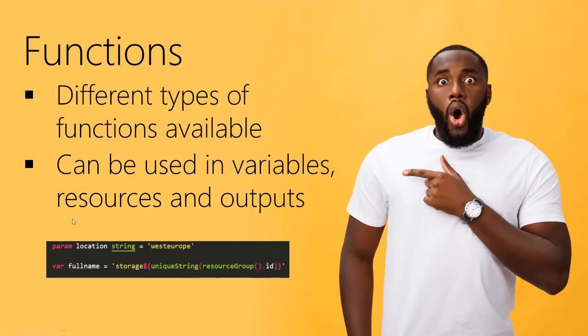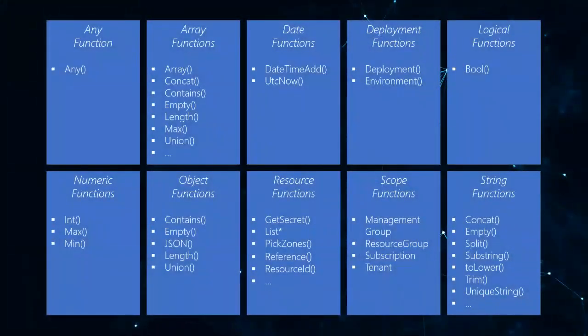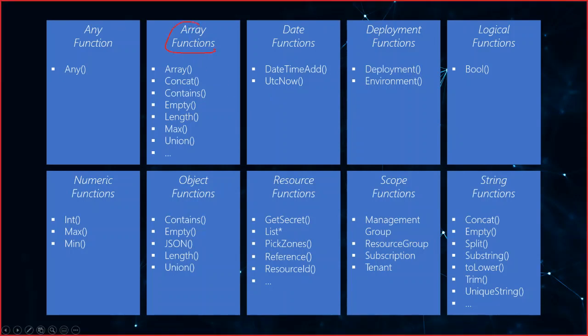and you need to understand a little bit what functions are available. And there's actually lots of functions available, lots of functions of different types. So I just quickly summed those up. I will not go into all the different functions. They are very well documented, but let me maybe pick some of these. So for instance, if we talk about managing arrays, if you have, for instance, an array parameter, you can then check, well, is the array empty, for instance, or does the array contain like certain values that I'm interested in?